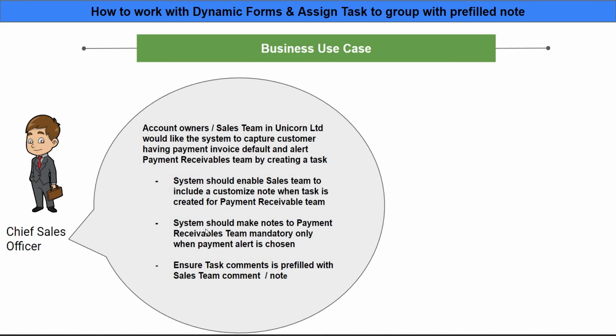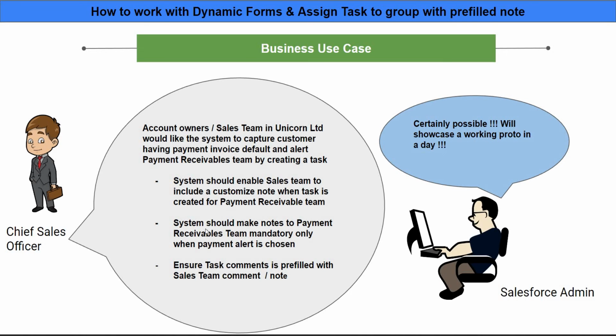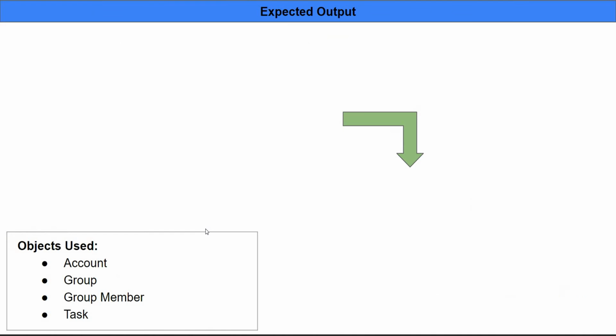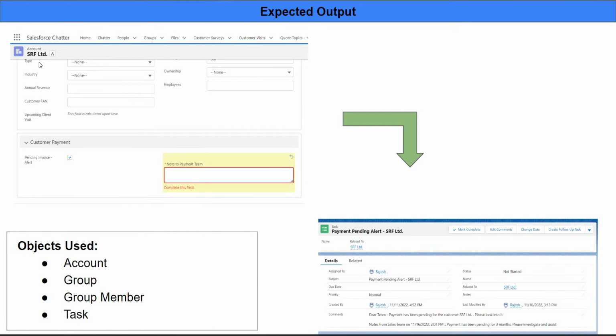Again, we're going to do it without writing a single line of code, using Flow. So the Salesforce admin says yes, it is certainly possible. This is the expected output. As you can see, I have an account page, and there is a separate section for the sales team or the account owners to alert the payments receivable team.